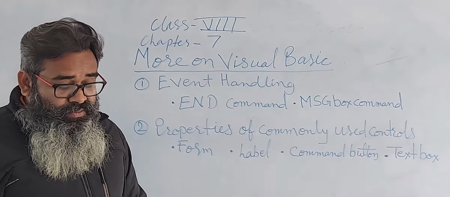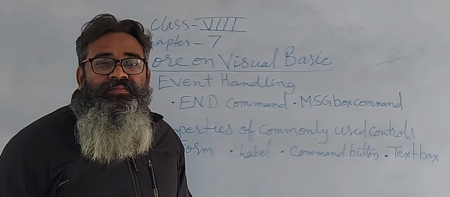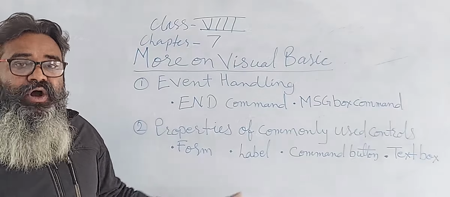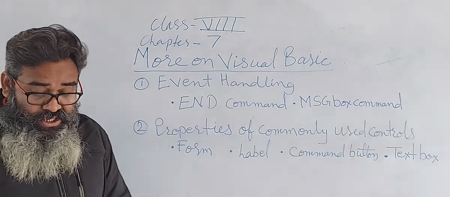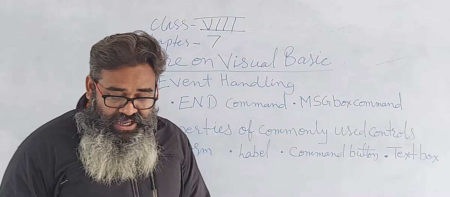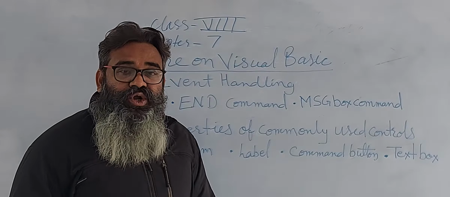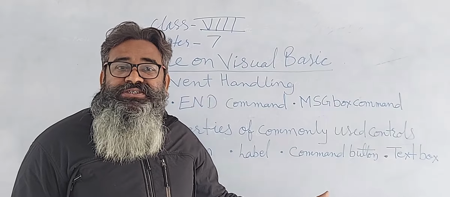Click a new form, double click on the command button. We just create a simple form, create a command button, then click on the command button. A coding window will appear in front of your screen. Write the command as shown in our message box: Welcome to your first program, and then the coding is finished.